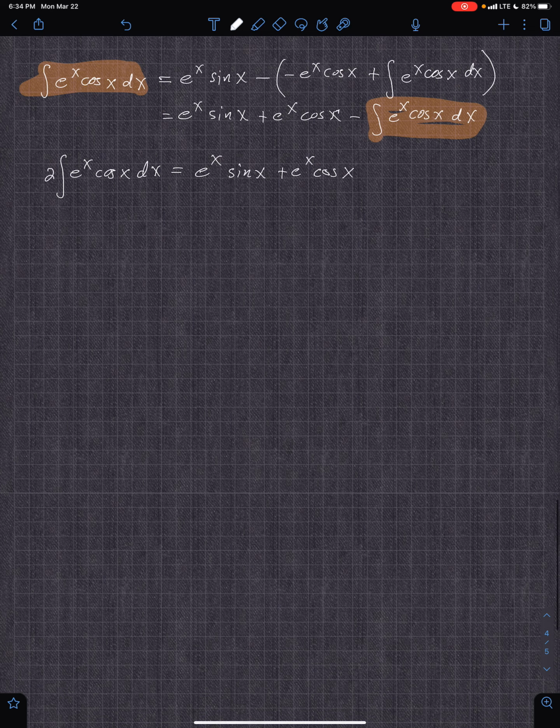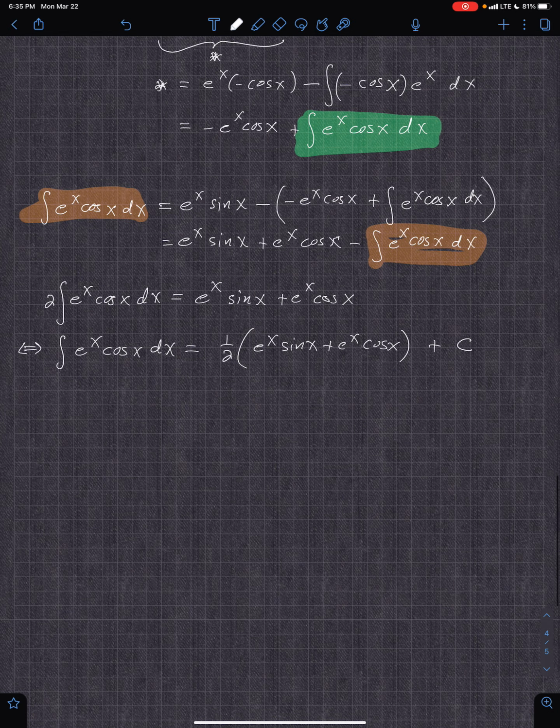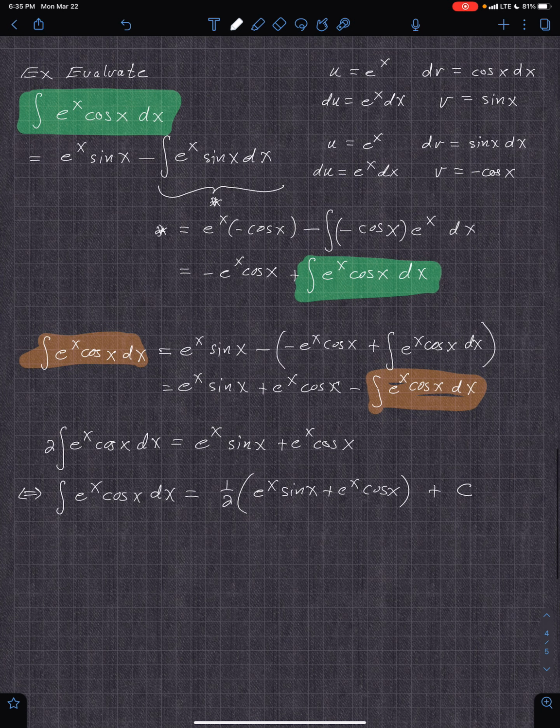Divide by 2, and we have solved for our integral. So it's equivalent to, if and only if, the integral of e to the x cosine x dx is equal to, and you could write it as a half, e to the x sine x plus e to the x cosine x plus c. So we have just solved for it.